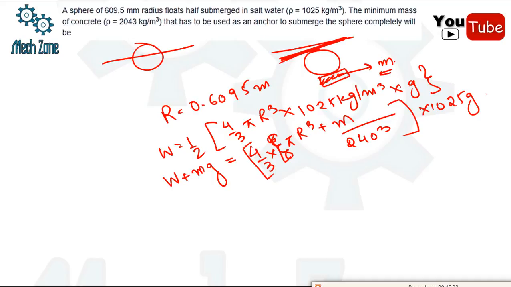On solving this we obtain m equal to 847.10 kg. So this much mass of concrete is required to completely submerge the sphere.